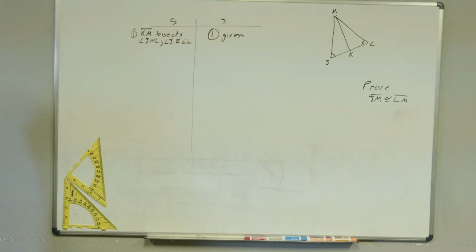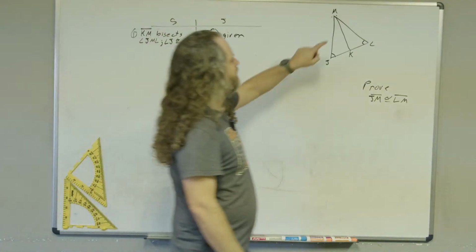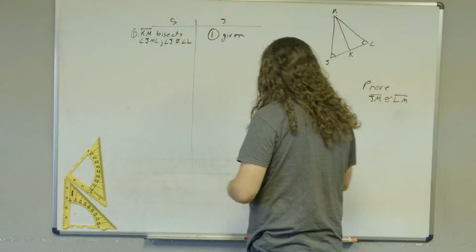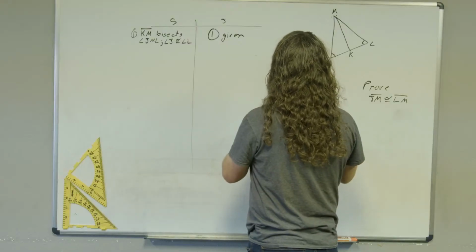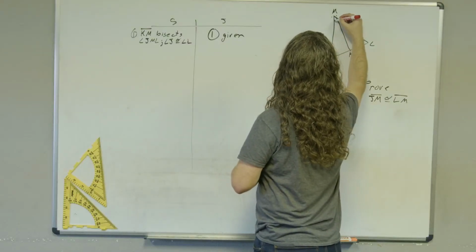It bisects the angle. What does bisect mean? Bisect means cut in half, right? Yeah, both of these angles, right? This one and this one. So what do we call this angle? This one right here.